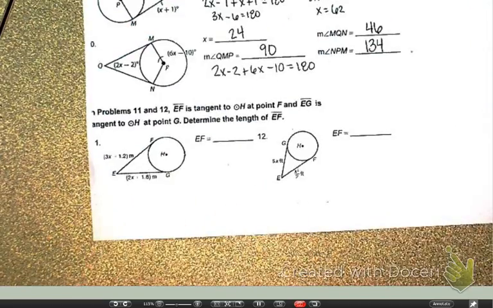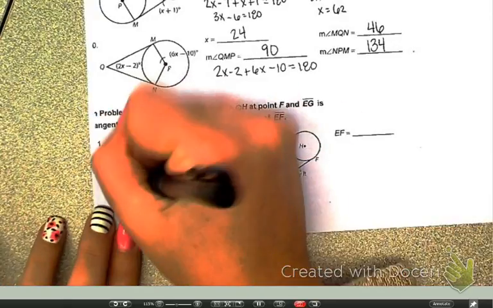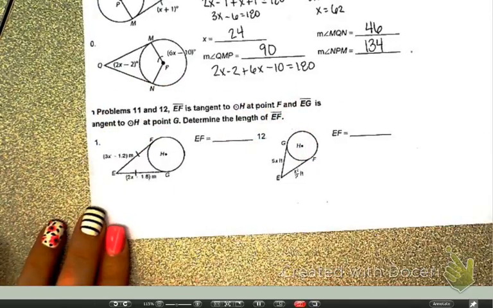Okay, so here we have tangent lines. So EF and EG are tangents. What do we know about those tangent lines if they meet at that external point? They're congruent. So we know those 2 segments are congruent.